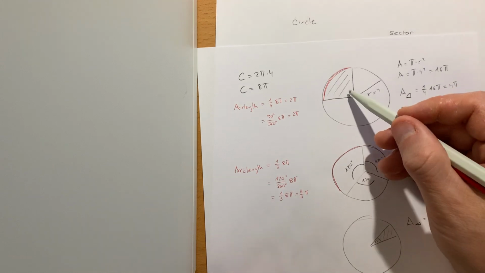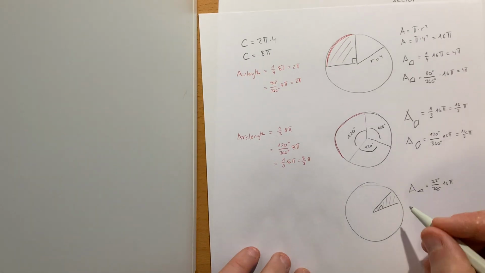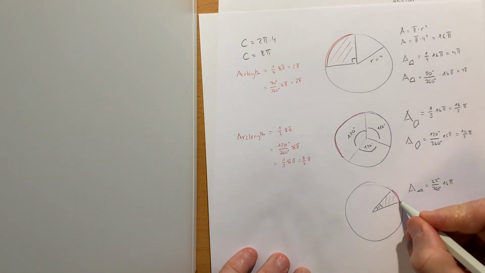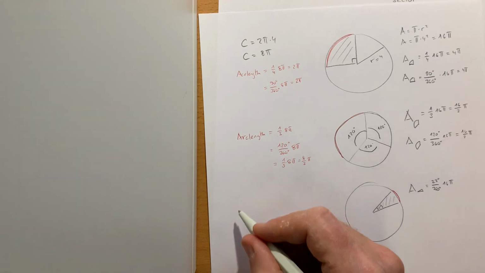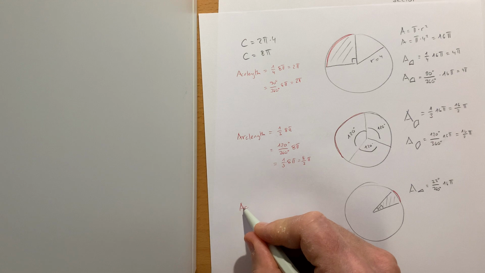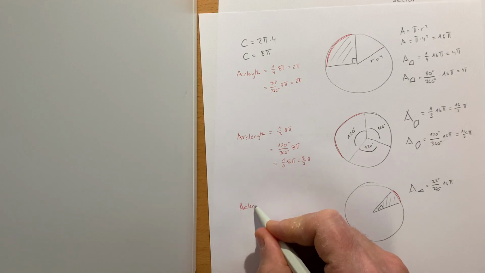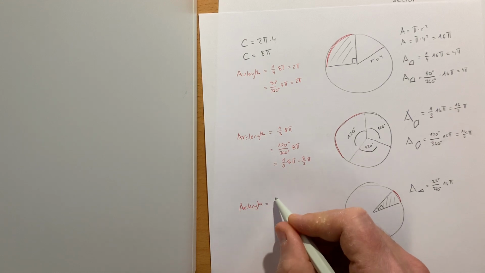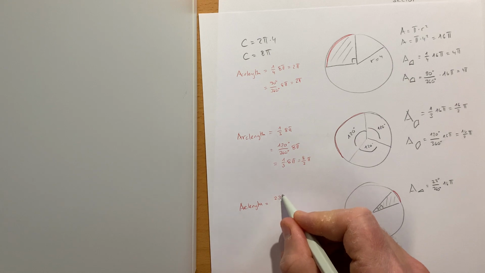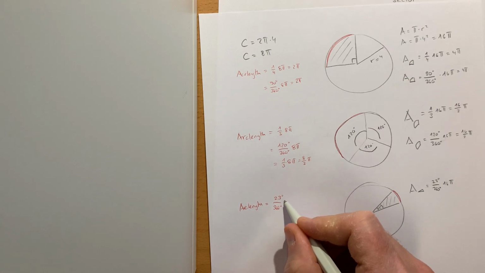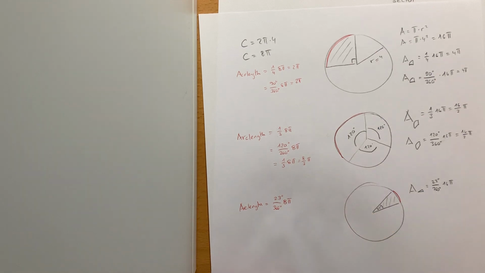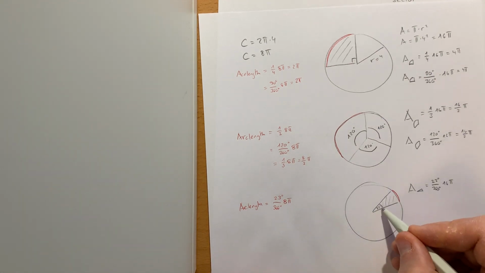Well, here it's a quarter, here it's a third, and here it's another part of it. It's 23/360th. So this arc length is 23/360th of 8 pi. Okay, so it's always this part.